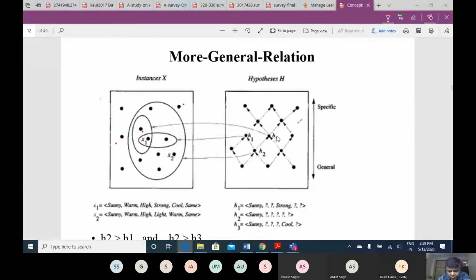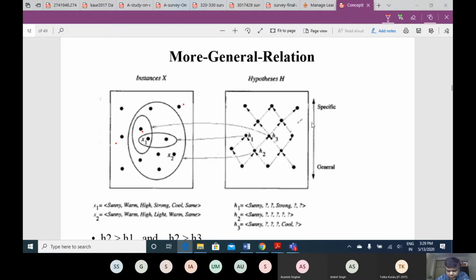H3 is a more specific hypothesis than H2, or H2 is a more general hypothesis than H3. So each node is representing a hypothesis, and these arrows are drawn from more general to more specific hypothesis.